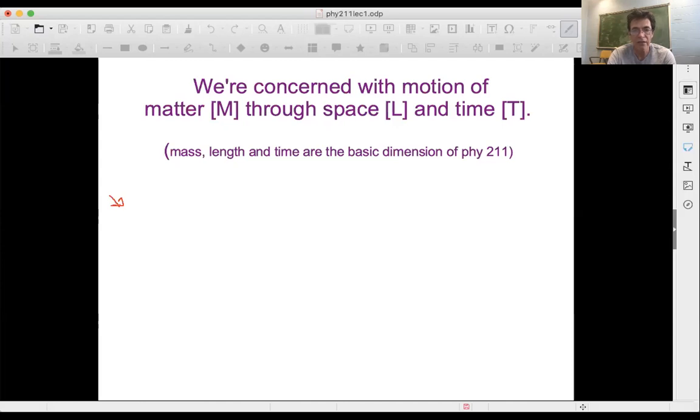That's a second dimension of nature. And then there's time. That's the third dimension of nature. And of course, you know already about mass and length and time. You knew that in preschool. And we're just going to expand on their meaning and understanding a little bit in today's lecture class.